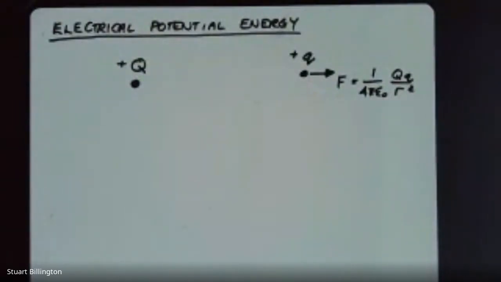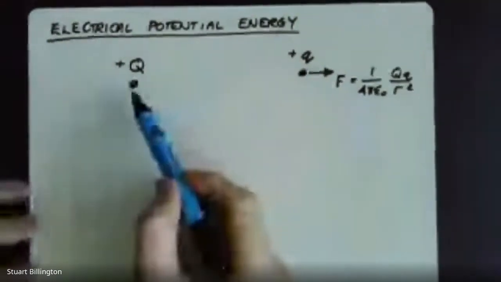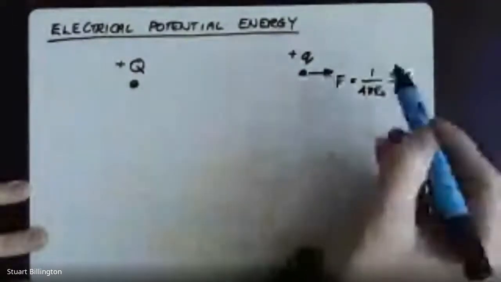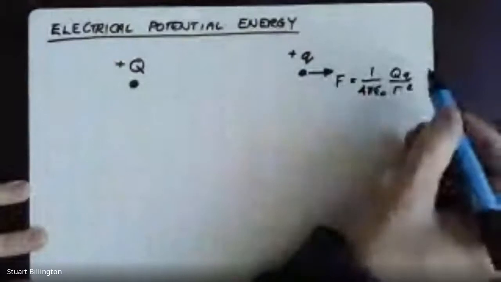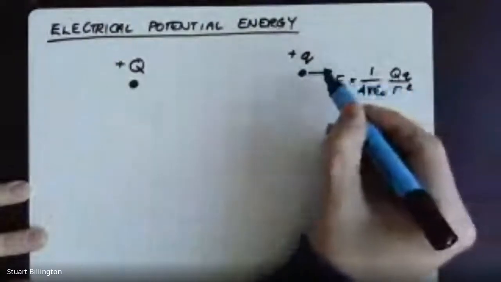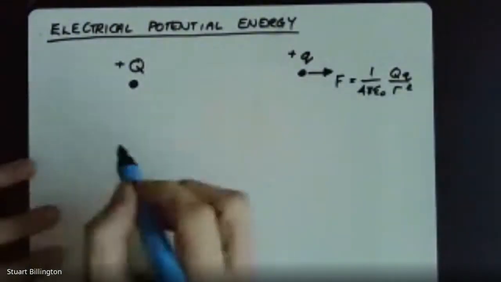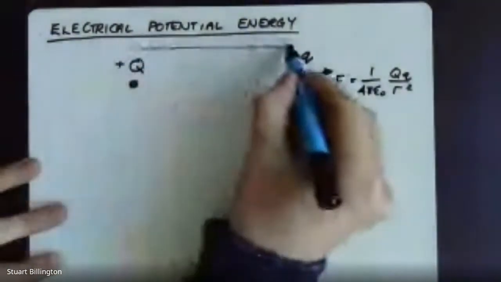What we now want to consider is how difficult it will be to move that charge towards big Q. So if little q had started further away and we've just dragged it inwards to this point, how did we do that and how much energy did it cost to get to this point r, where r is the separation of the charges?